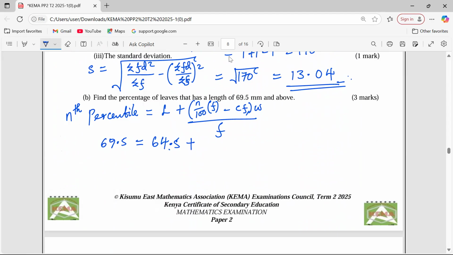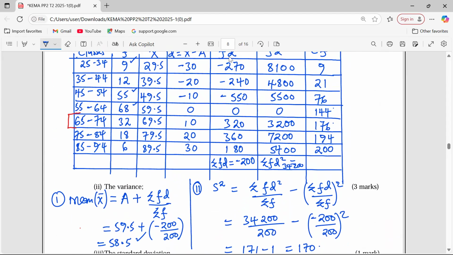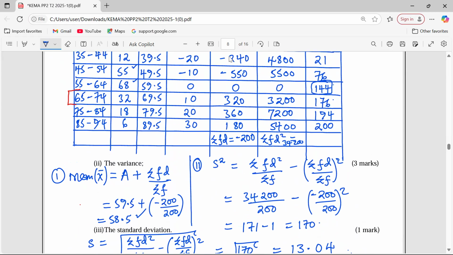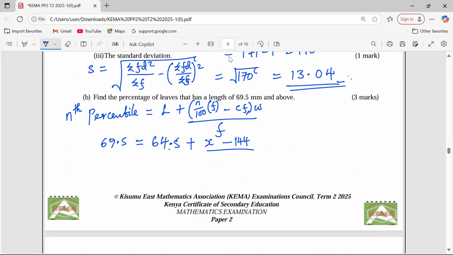Assuming that the value worked out here is x, then we should subtract from x the cumulative frequency just before this class. So cumulative frequency just before this class is 144 over frequency for this particular class. So this particular class is having a frequency of 32, yeah?